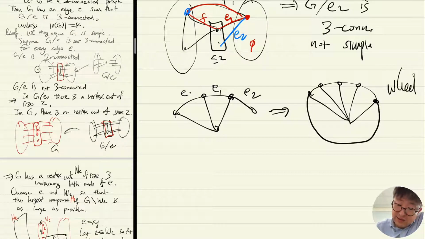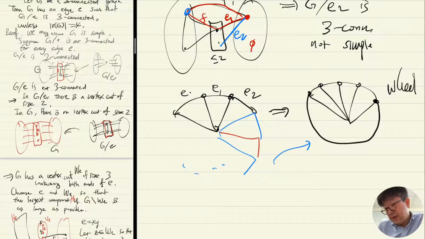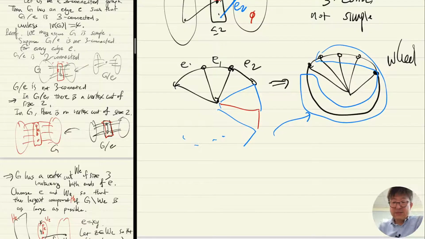If you're not lucky, in this case, we may continue. But since the graph is finite, eventually you end up with this, with the property that all these vertices have degree 3. So that's the beginning of the proof. I didn't say the proof yet.